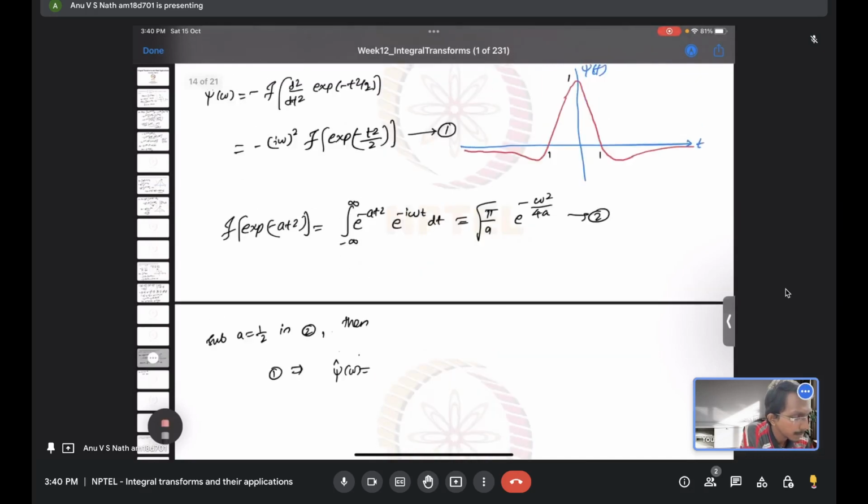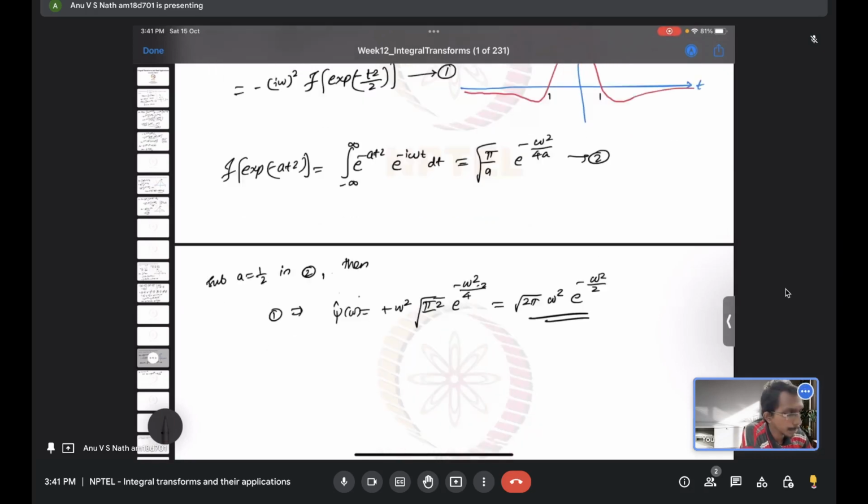Basically minus i omega the whole square is minus omega square, and with the minus sign it is plus omega square, times square root of pi by a times exponential of minus omega square by 4 times a. Since a was half, this becomes square root of 2 pi omega square e raised to minus omega square by 2. This is its Fourier transform.